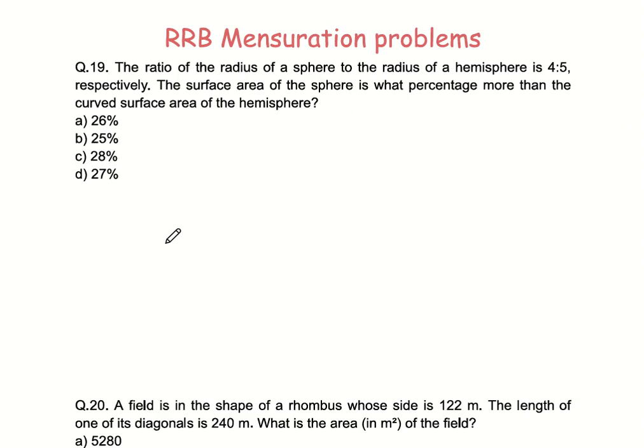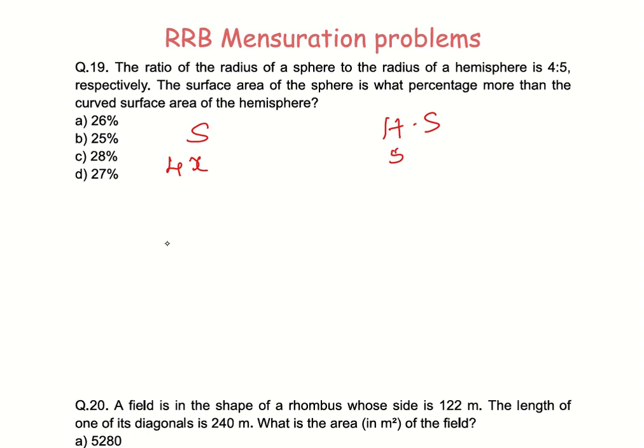Now the 19th question. The ratio of the radius of a sphere to the radius of a hemisphere is 4:5 respectively. The surface area of the sphere is what percentage more than the curved surface area of the hemisphere? So here we have a sphere and a hemisphere. Two we have. Here the radius we can take as 4x.